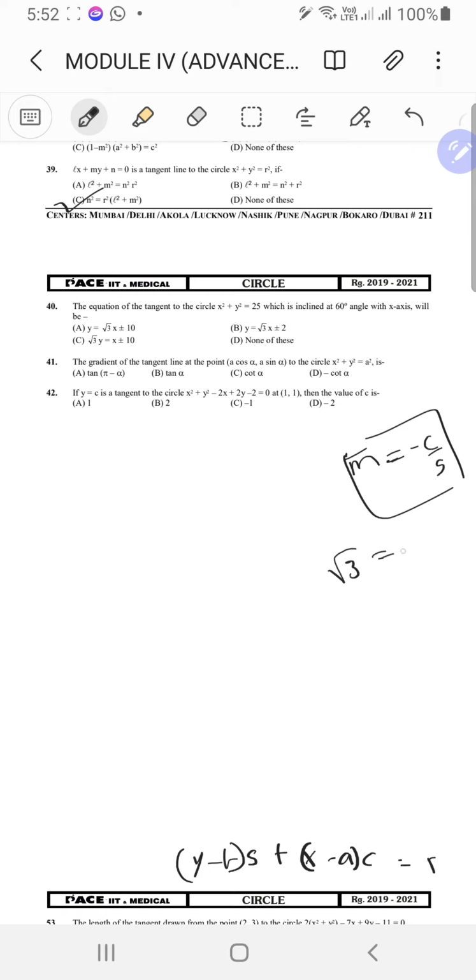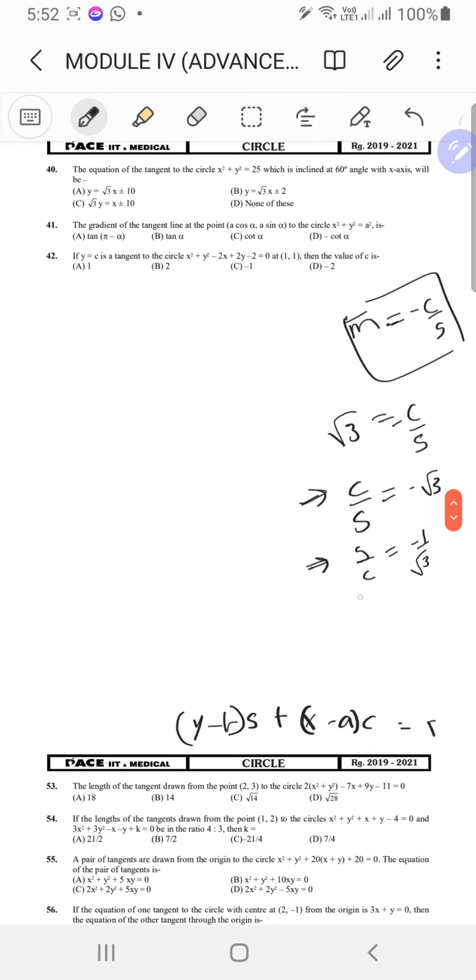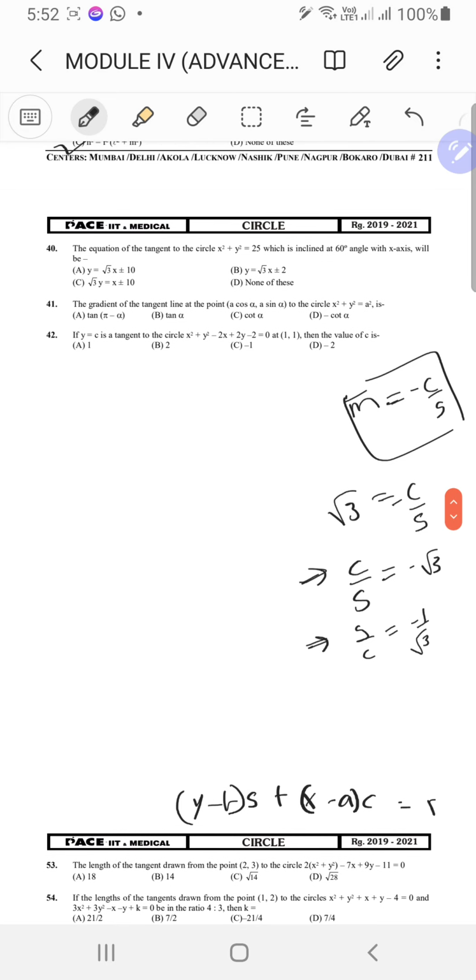So c by s is minus square root 3, so s by c is -1 upon square root 3. Let it be.